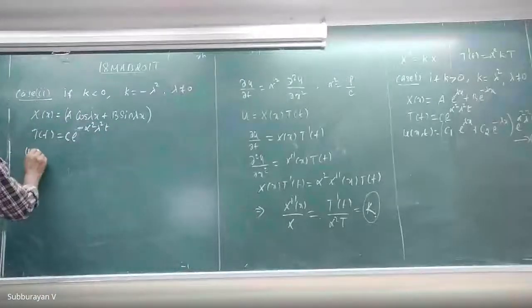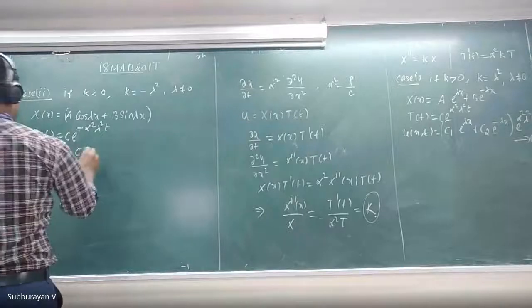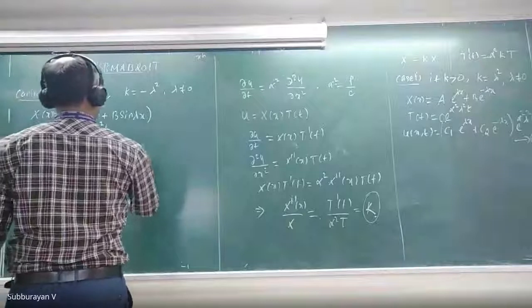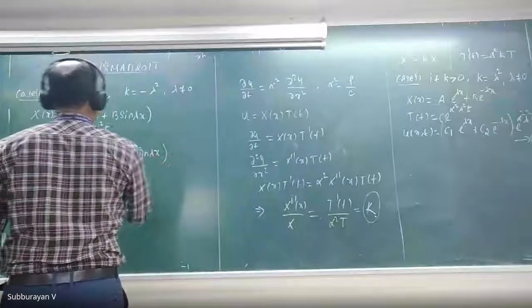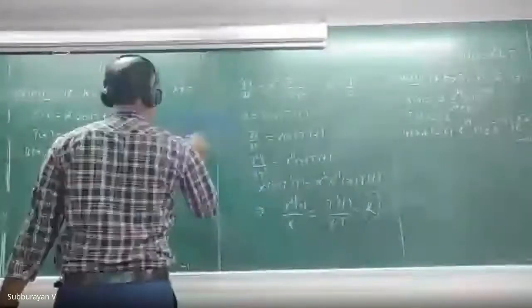Therefore your u(x,t) is going to be some c1 into cos lambda x plus c2 into sin lambda x, into e to the power minus alpha squared lambda squared into t.